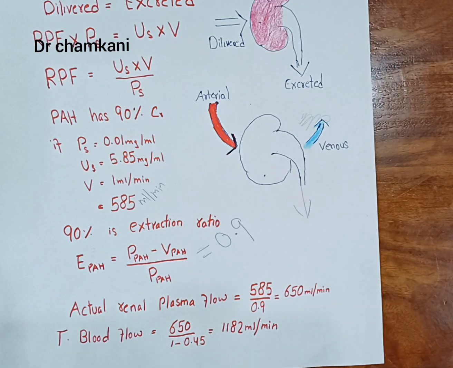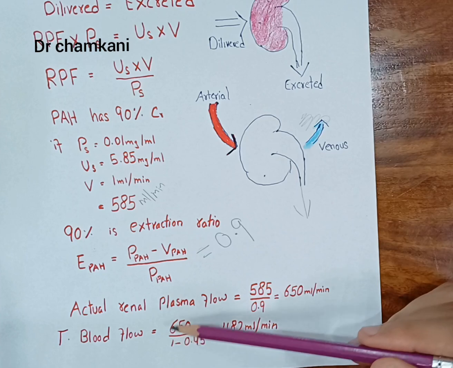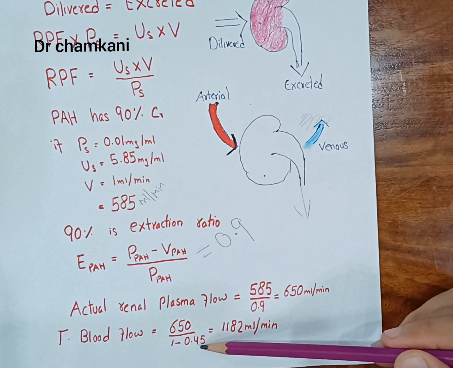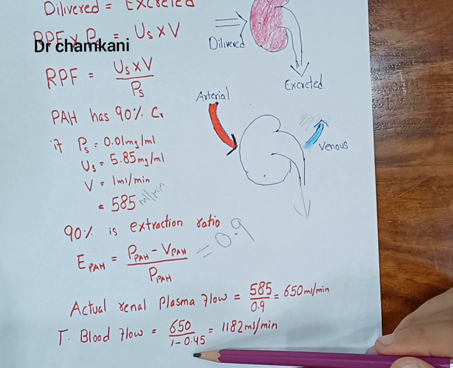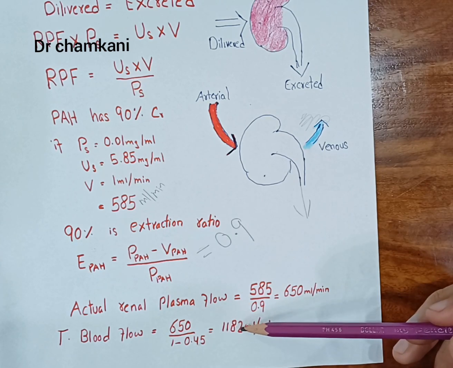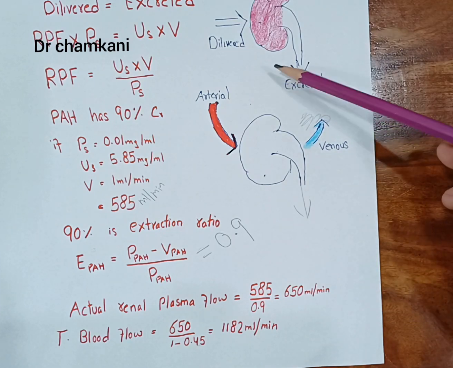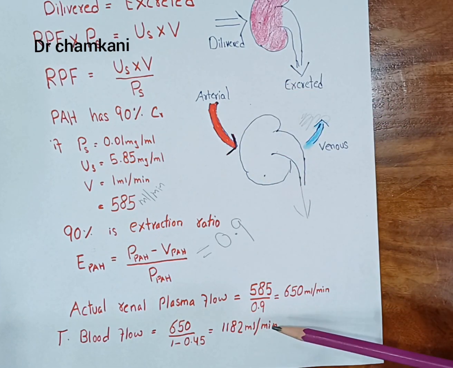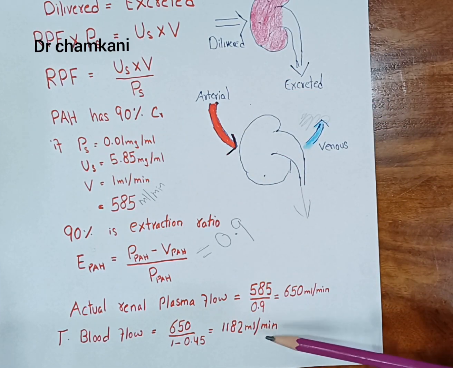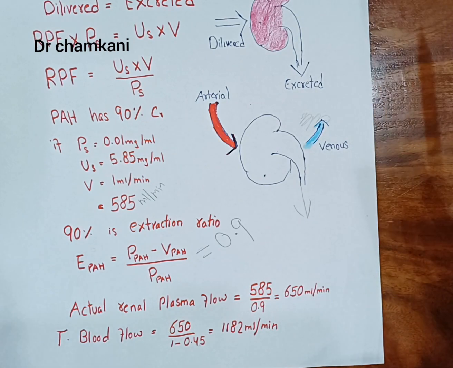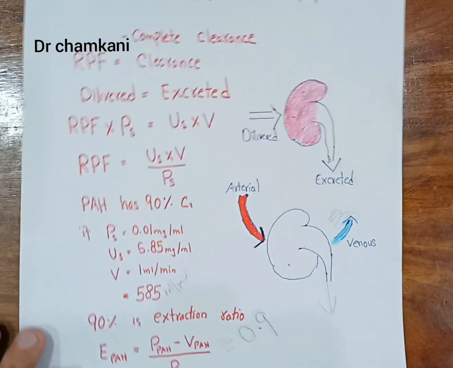Hematocrit is the component that is made of cells, especially the red blood cells. So by dividing 650 by 1 minus 0.45, we get a figure of 1182 ml per minute, and this is the total amount of blood that flows through the kidney in 1 minute. So this is more than 1 liter of blood flowing through the kidneys in 1 minute, and that's how it is calculated. This is a big amount of blood.